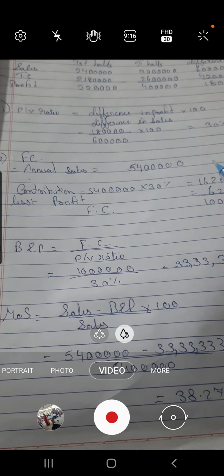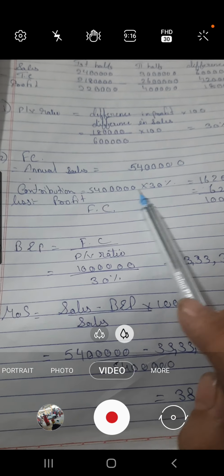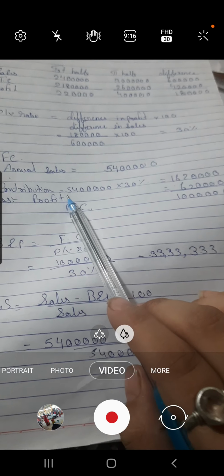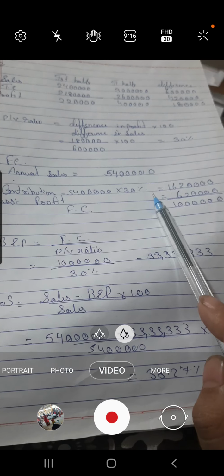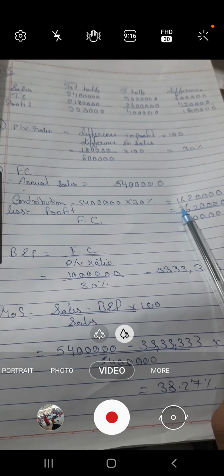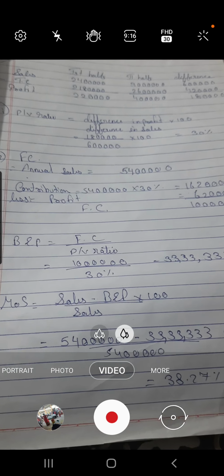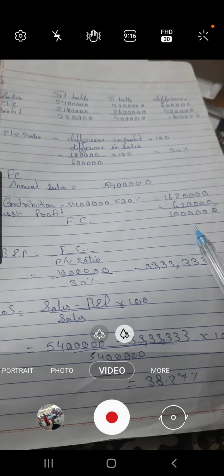Now for contribution we have to do 54 lakh into 30%. We will get the contribution as 16 lakh 20,000, less the profit value.